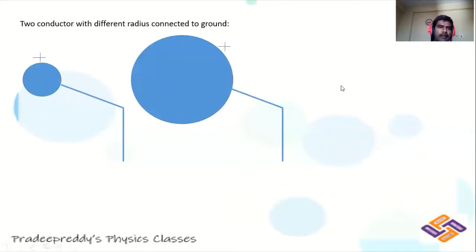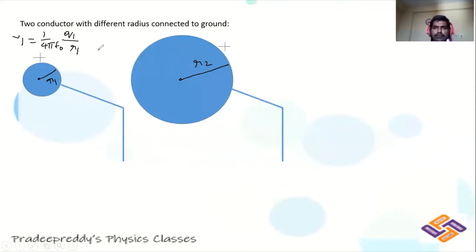Now see here, we have two conductors. This conductor has radius R1. This conductor has radius R2. Now the potential of the first conductor, V1, is equal to 1 by 4 pi epsilon naught, Q1 divided by R1.